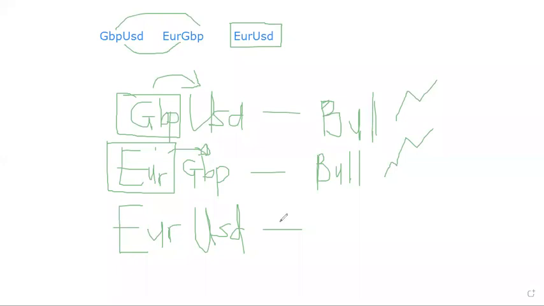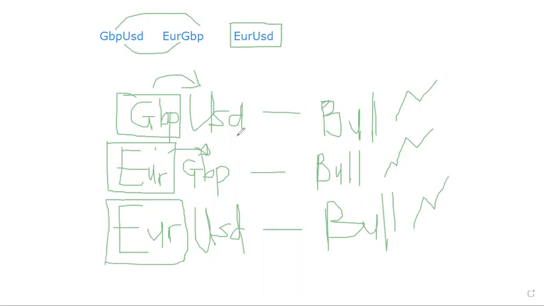Beautiful. So we would have a bullish momentum on the Euro USD chart. Because if GBP is naturally stronger than USD, and Euro is stronger than GBP, then on a chart of Euro USD the bullish momentum is going to be stronger.